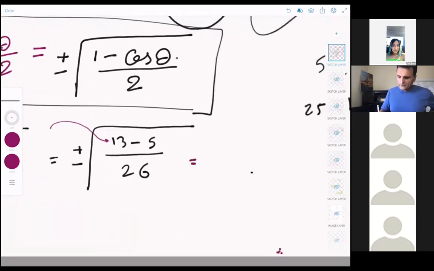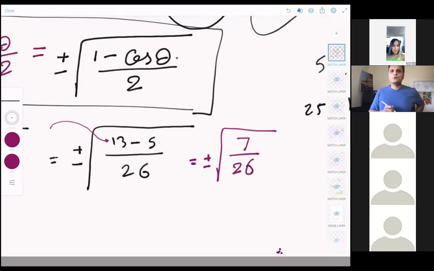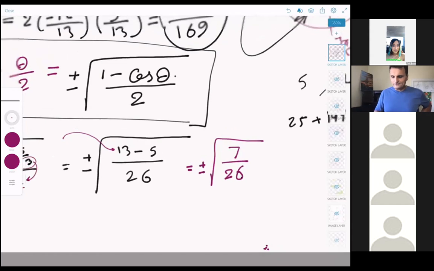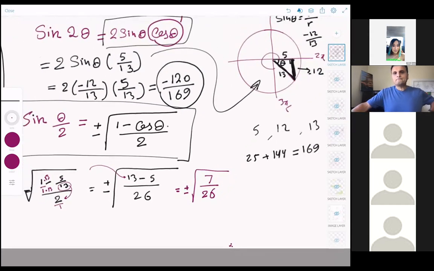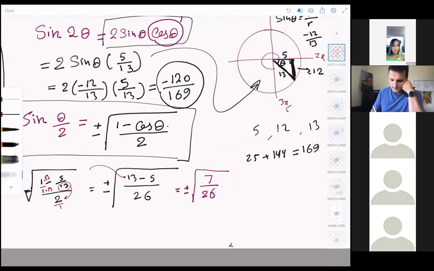So this will be equal to plus minus radical 7 over 26. Isn't it 8? I did that purposely, Elizabeth. I know you use your calculator. No, the 8. Yeah.